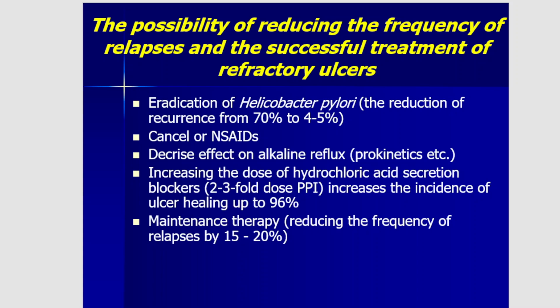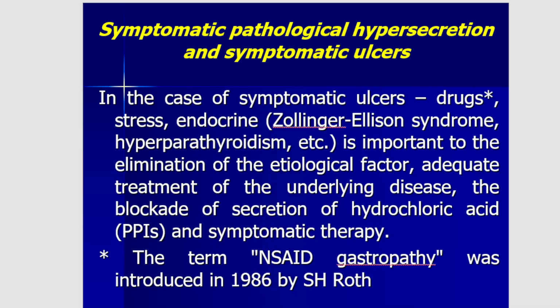To reduce the frequency of relapses and for successful treatment of refractory ulcers: eradication of Helicobacter pylori infection, cancel non-steroid anti-inflammatory drugs, prokinetics in case of reflux, and increase the dose of hydrochloric acid secretion blockers, a 2-3-fold dose of proton pump inhibitors, for example, and maintenance therapy. Also pathological hypersecretion and symptomatic ulcers.